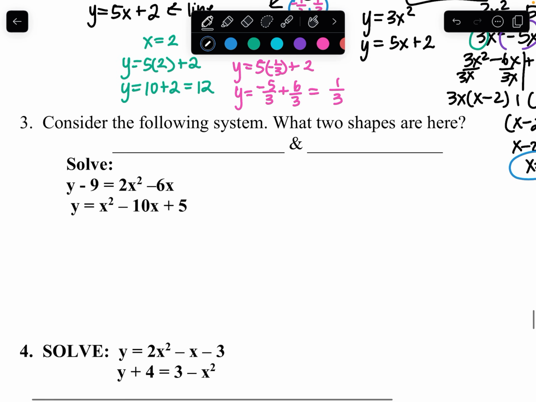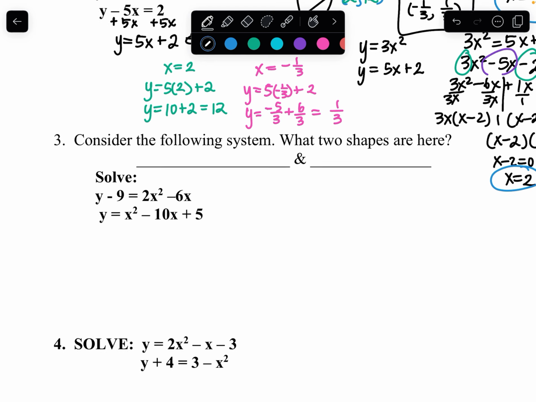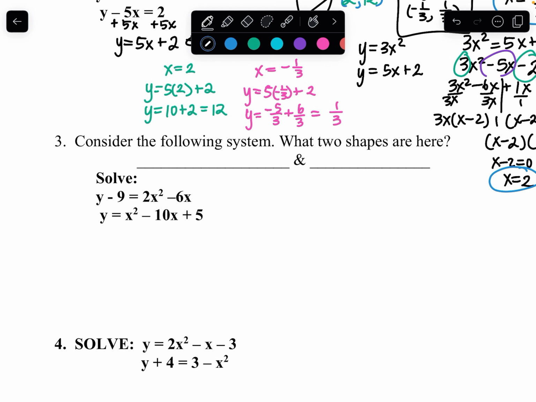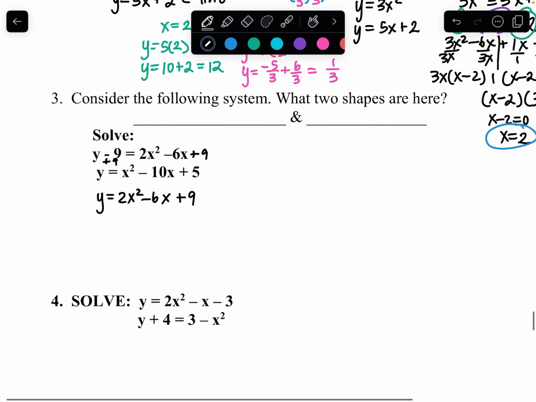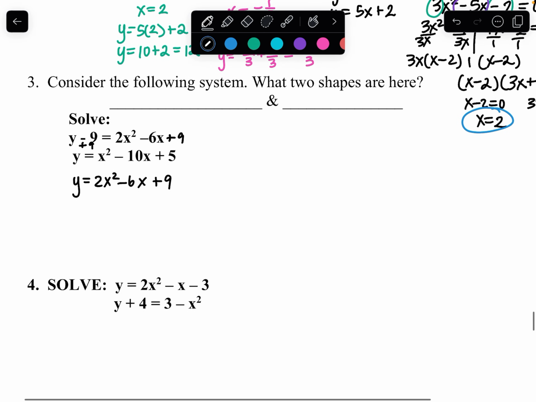Okay, for this next one, we have two quadratic equations. And so I still like to solve both of them for y. So in this case, I would just add 9 to both sides. And so I have y equals 2x squared minus 6x plus 9. And then the other equation is y equals x squared minus 10x plus 5.